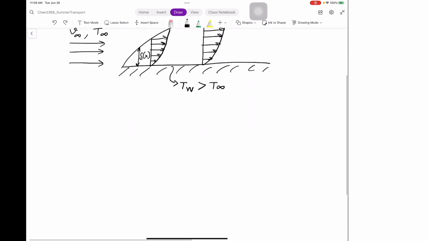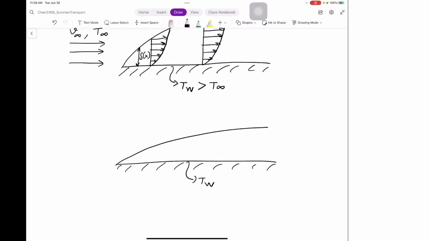Now let's do the same thing for the temperature profile. So you have a plate here. The plate wall is kept at a temperature T wall, and you have some sort of profile here, like a boundary layer. Let's call this the thermal boundary layer, and this the thermal boundary layer edge.